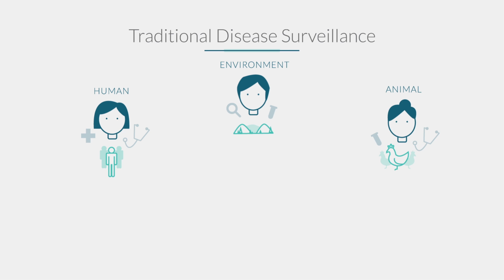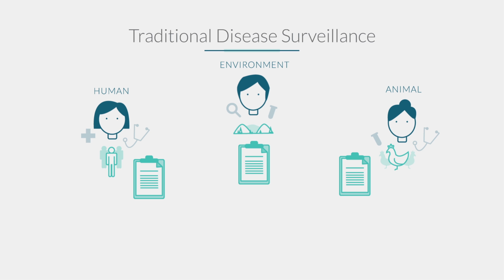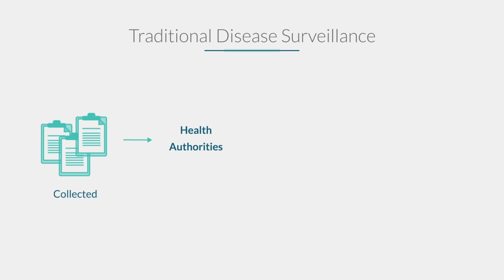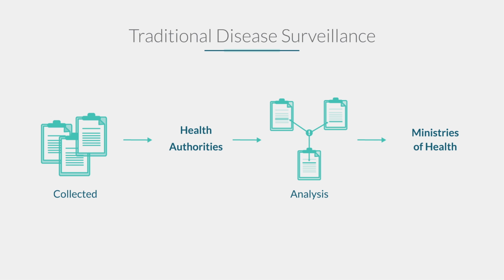Traditional disease surveillance systems often rely on healthcare professionals to report information on the illnesses they see in their clinical practice, in what is referred to as passive disease surveillance. This information is often collected, analyzed, and disseminated by local health authorities who report to centralized ministries of health.